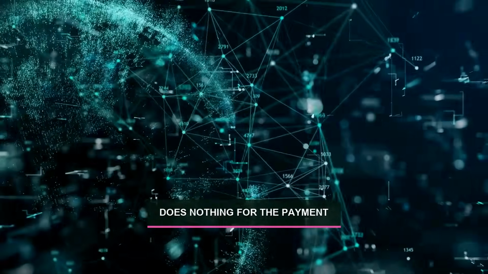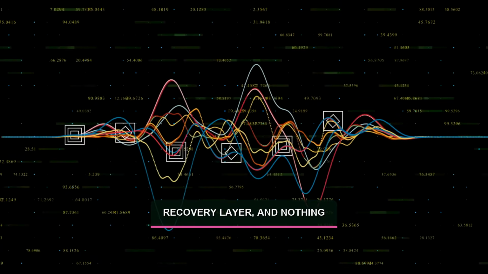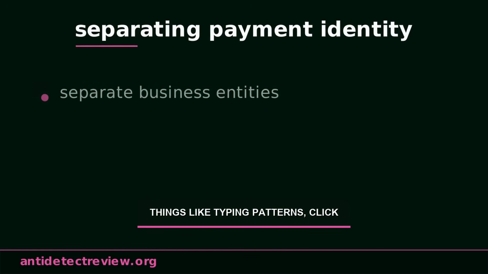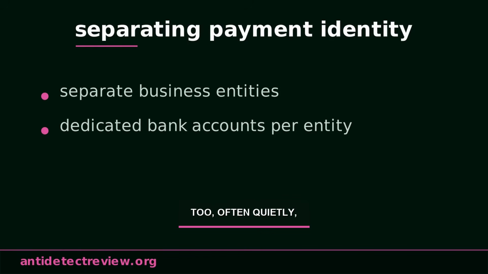It does nothing for the payment layer, nothing for the account recovery layer, and nothing for the behavioral layer either. Things like typing patterns, click timing, how long a session tends to run before it converts. Platforms weigh every one of those signals too, often quietly in the background.